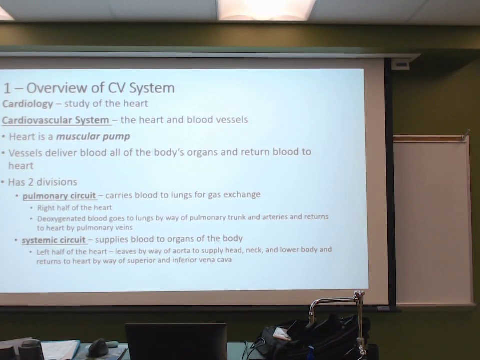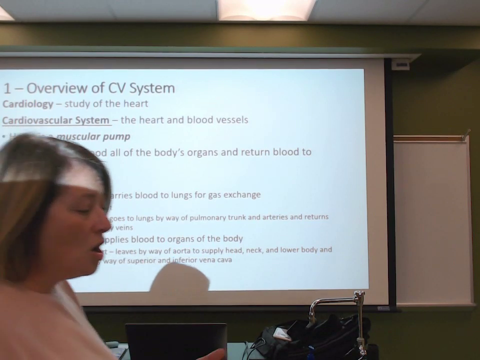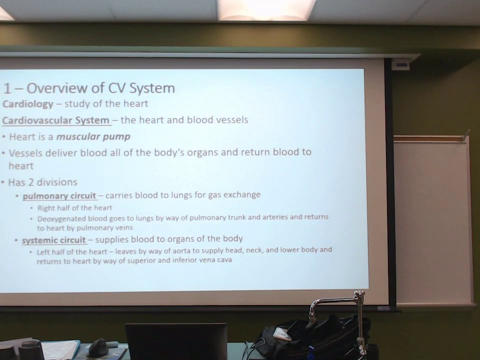Think about your digestive system, urinary system, skeletal system, all the systems of the body it's going to go to. Guess what organ it hits first? Which organ system? Digestive.